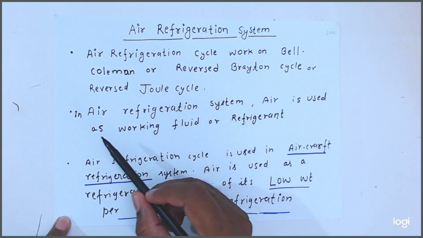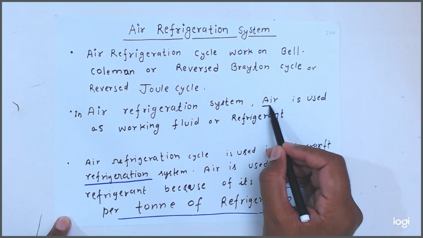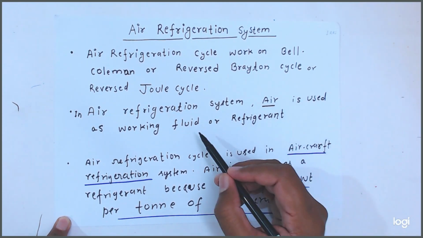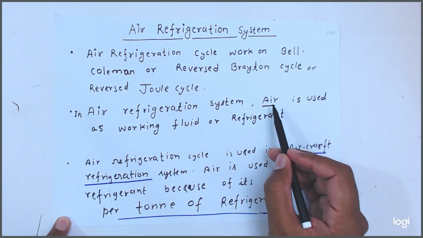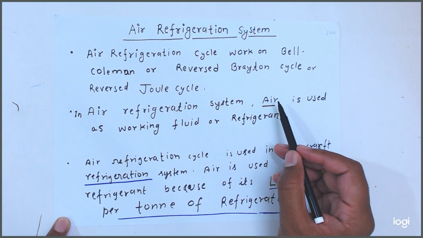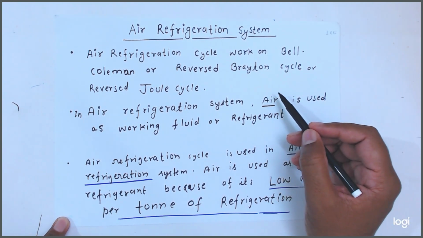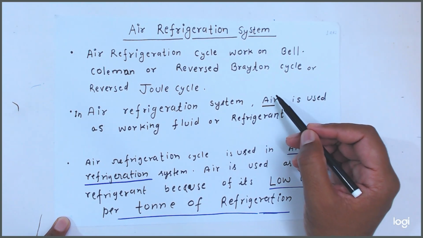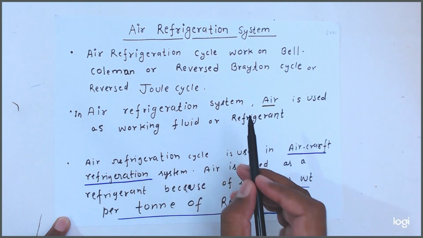Okay, so in the air refrigeration system, air is used as the working fluid or refrigerant. It means we will take air, and by the air the heat is removed. So air is working as a refrigerant in the air refrigeration system.